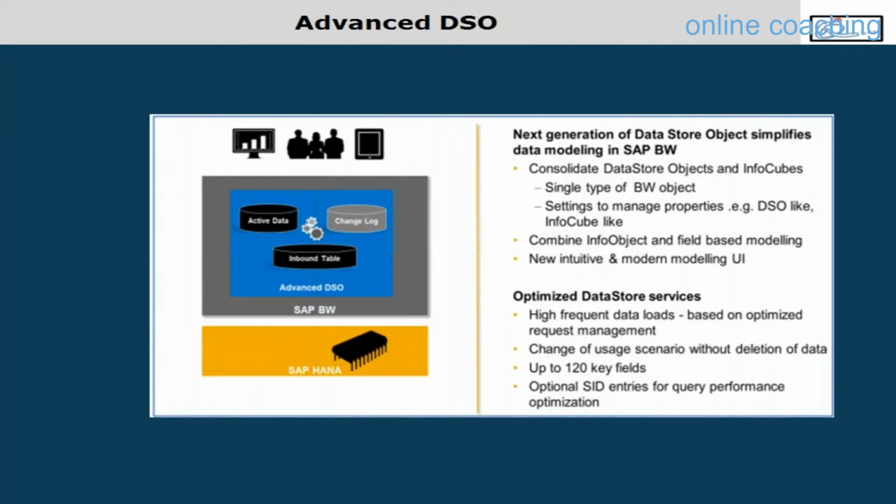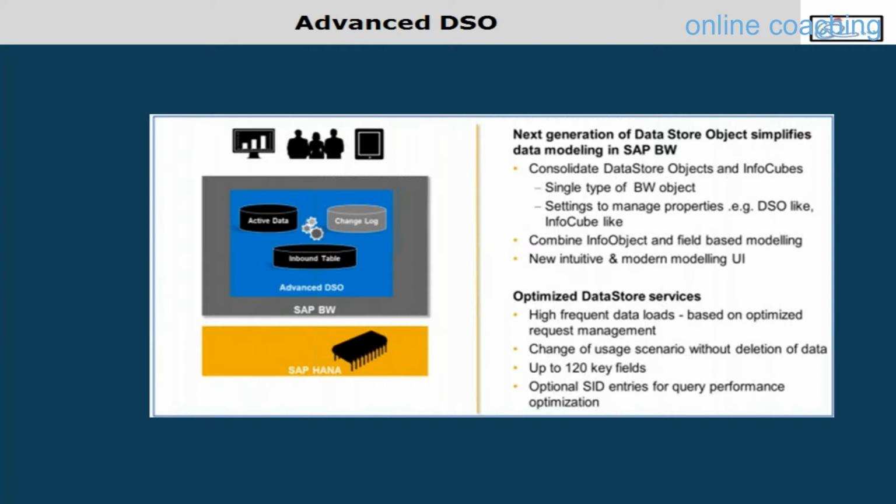For example, when I create an advanced DSO with certain settings, it behaves like a cube. With certain settings, it acts like a standard DSO. With certain settings, it acts like a write-optimized DSO. That is the main idea about advanced DSO. The target is that they don't want to confuse you with cube or DSO.